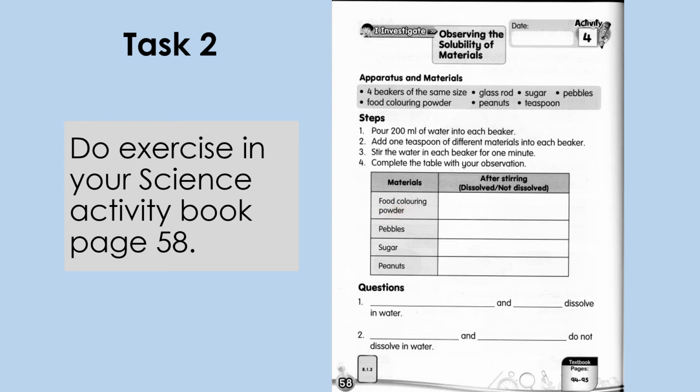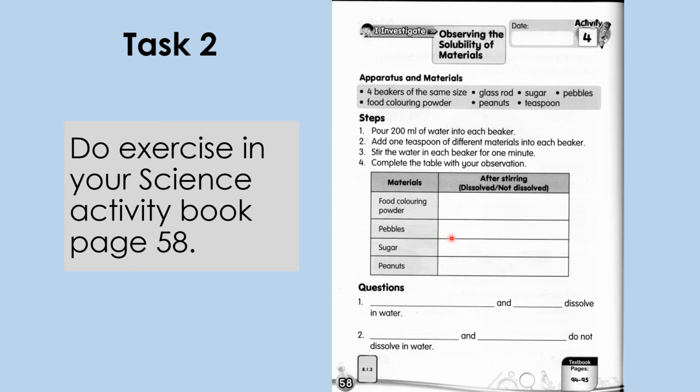Food coloring powder. After you stir the food coloring powder, does it dissolve in water? Yes. Food coloring powder dissolves in water. So you write here, dissolve. How about pebbles? Pebbles are small stones. After stirring the pebbles, what happened to them?